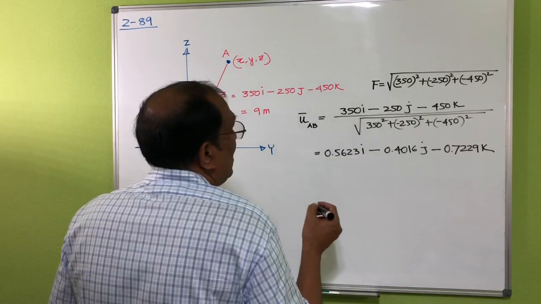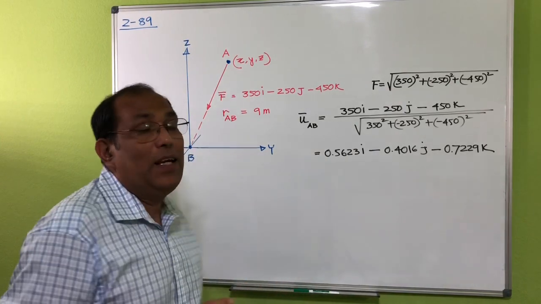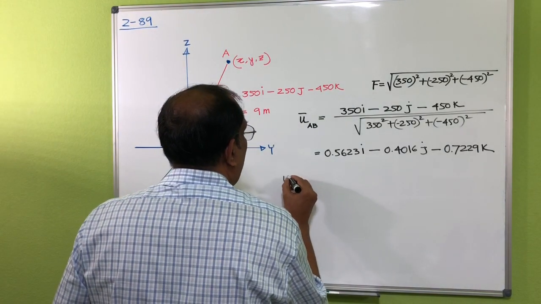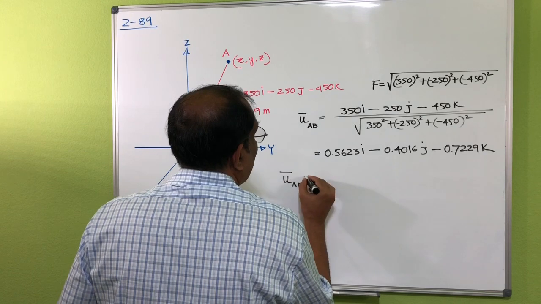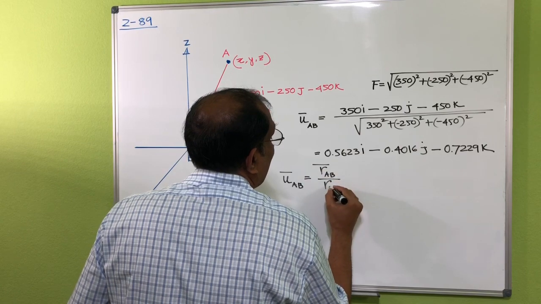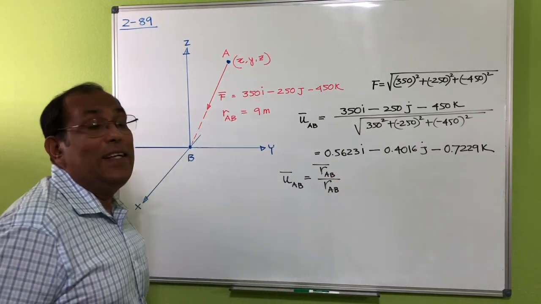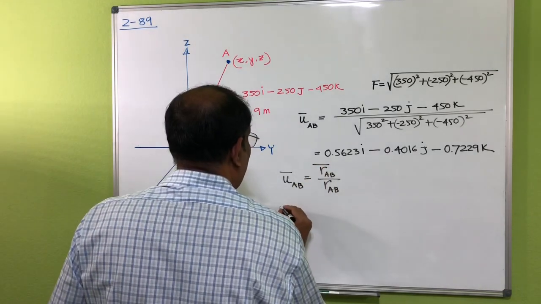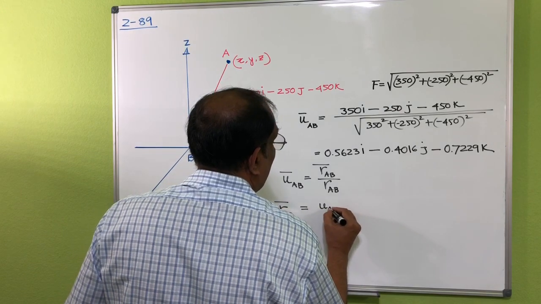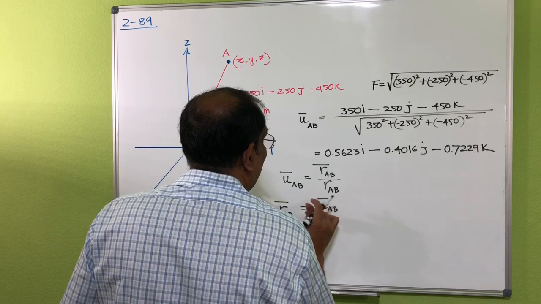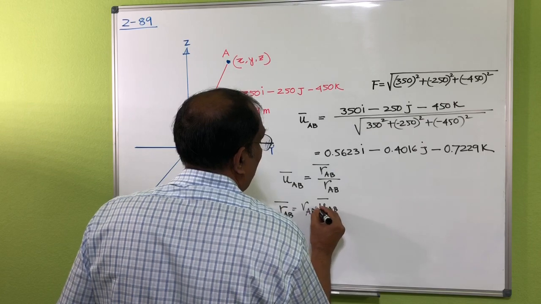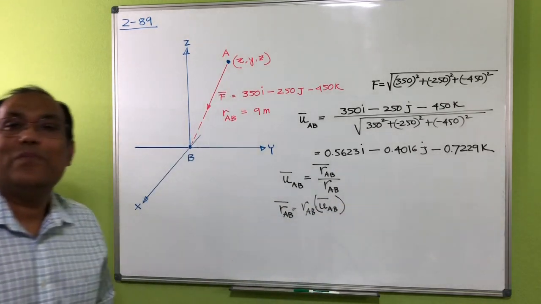So you can also remember that your UAB is basically your position vector AB divided by the magnitude of the position vector, right? So you can find out this RAB, which is nothing but UAB, you multiply that one with the magnitude of the position vector, right?